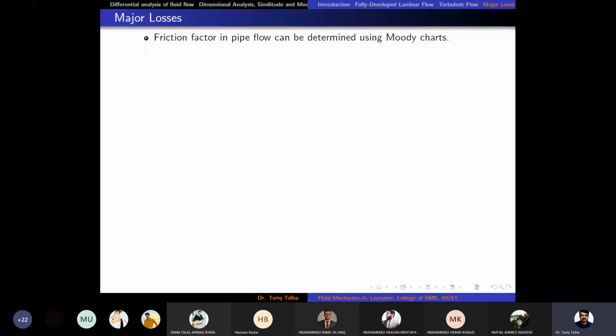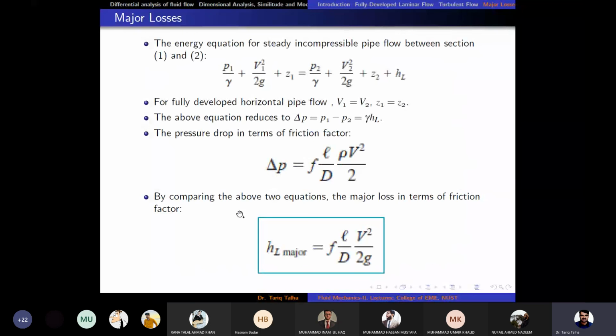but we can easily calculate the major loss for this. If we know the friction factor, we know the length, and all other things are known. So let's suppose that for the turbulent flow we want to calculate the major loss, then friction factor we know is 0.028, length 0.1 meter, diameter is 0.004, velocity is 50 meter per second, gravitational constant 9.81.